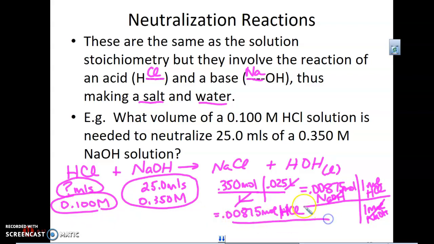You could set up a ratio, whatever, but what I'm going to do is say 0.1 molar, 0.1 mole per liter. I'm just going to put it on the bottom because I want the moles to cancel. I know this comes from 0.1 moles per liter. I'm putting the 1 liter on top and the moles on the bottom. And that's how you're going to get your answer there.